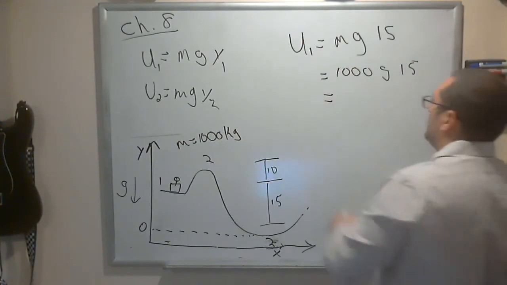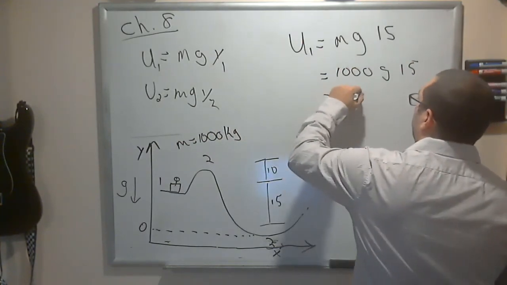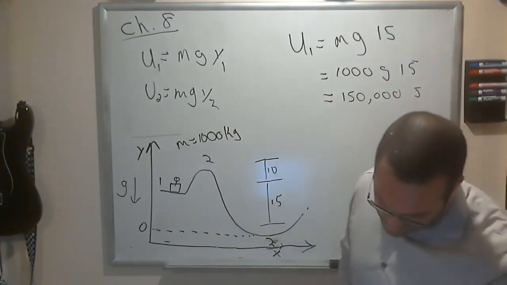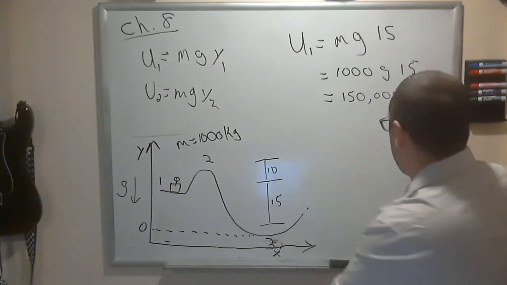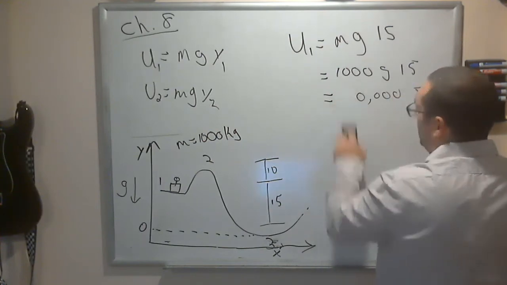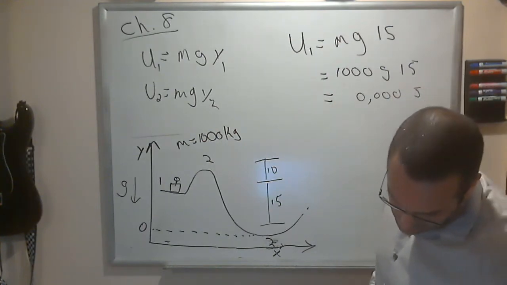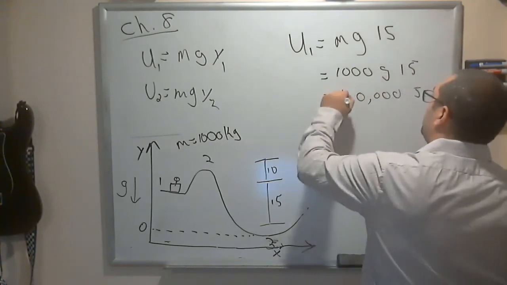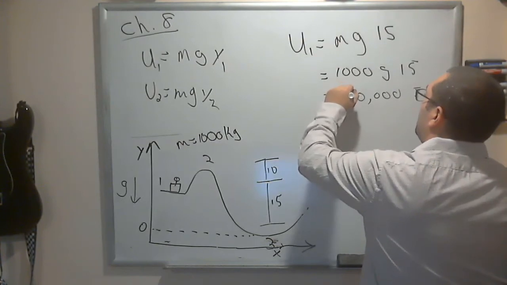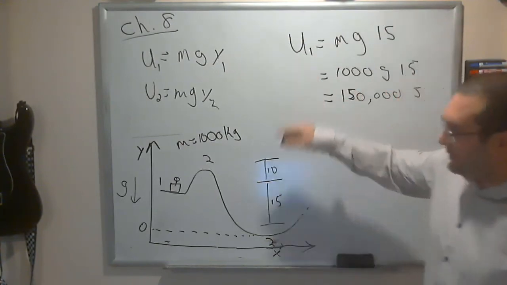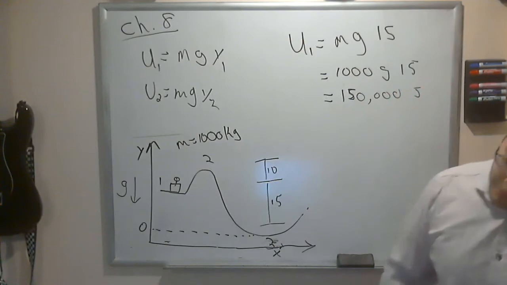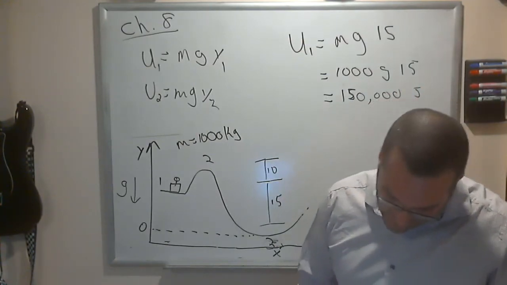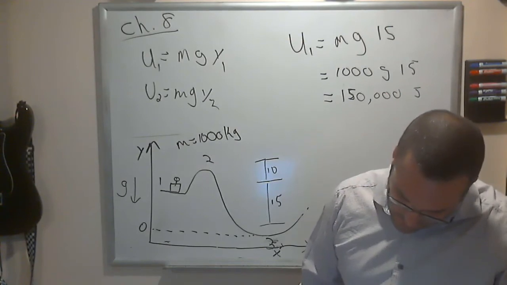And then this will equal 150,000 joules. So the potential energy associated with this height is 150,000 joules, right?